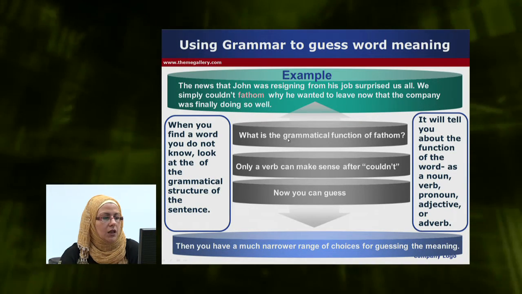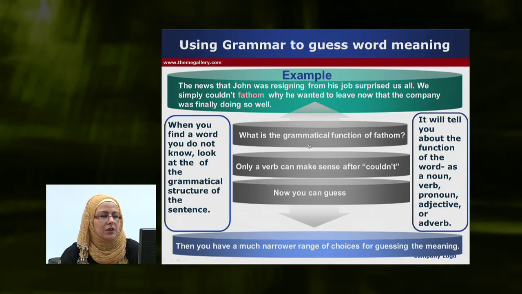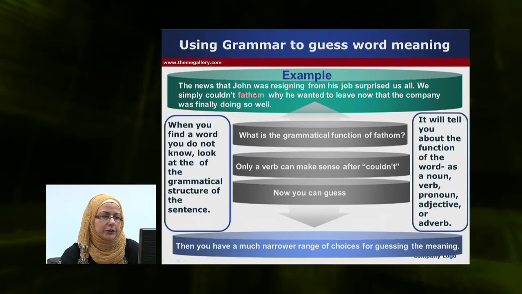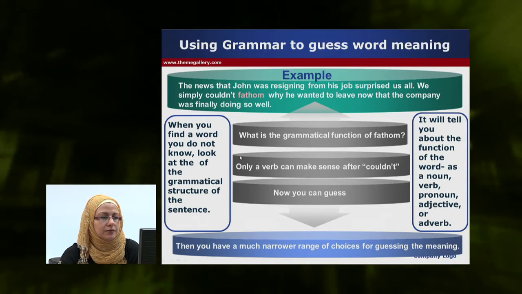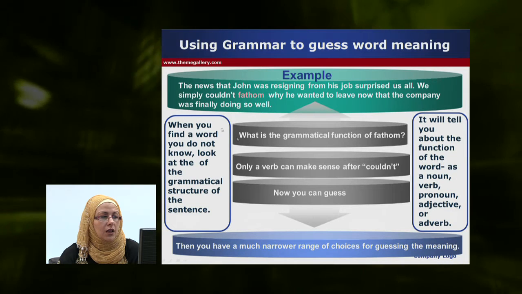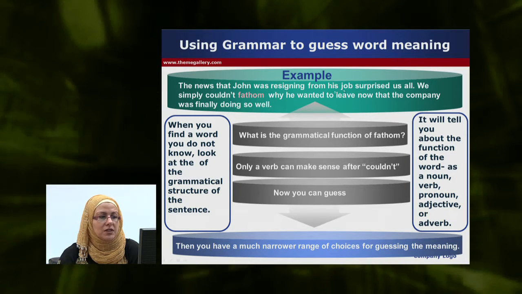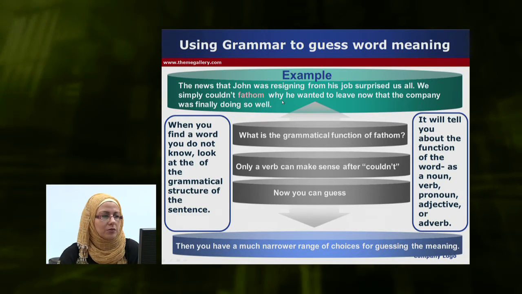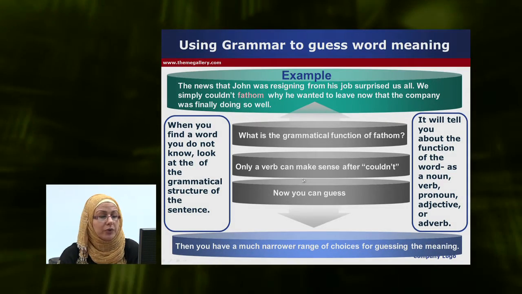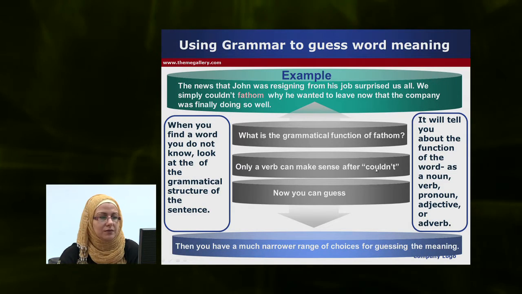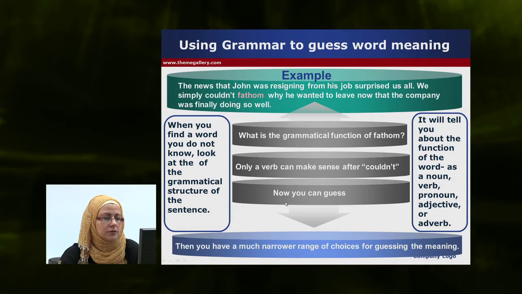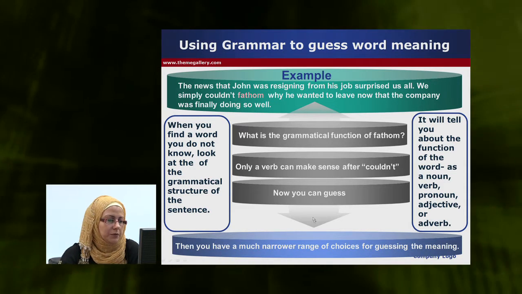What is the grammatical function of fathom? That's the target word we have here. The news that John was resigning from his job surprised us all. We simply couldn't fathom. Only a verb can make sense after couldn't. So obviously fathom is a verb. Now you can guess the meaning.